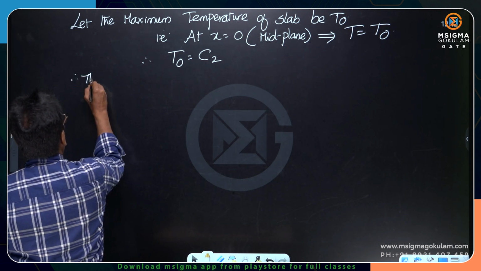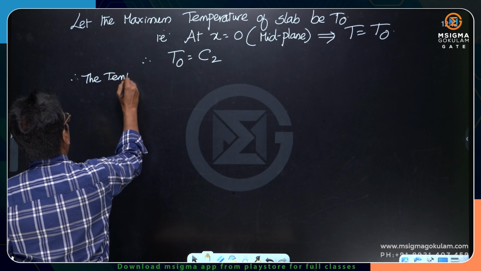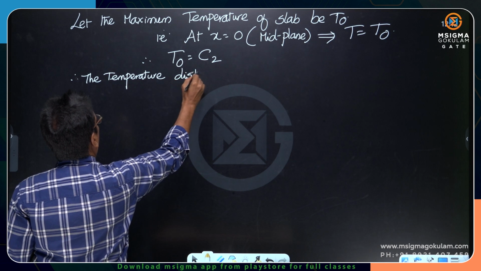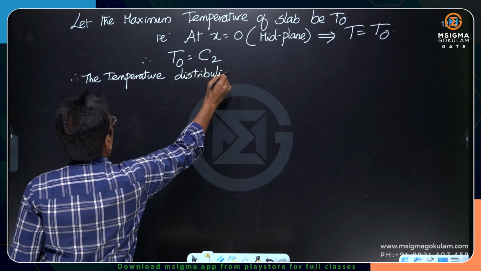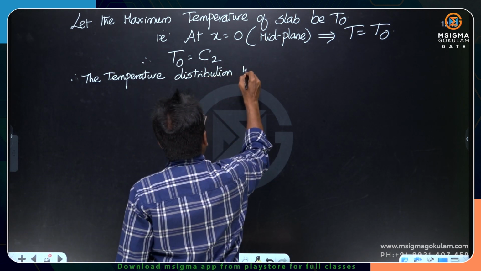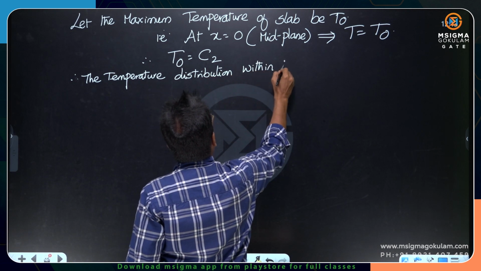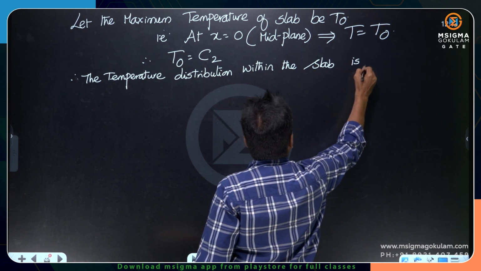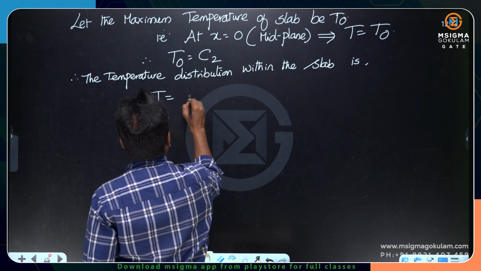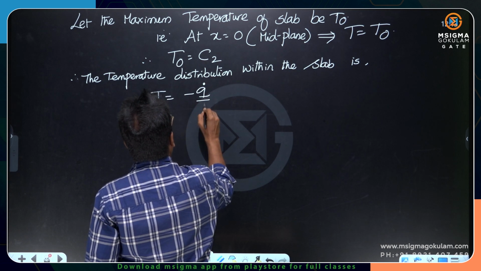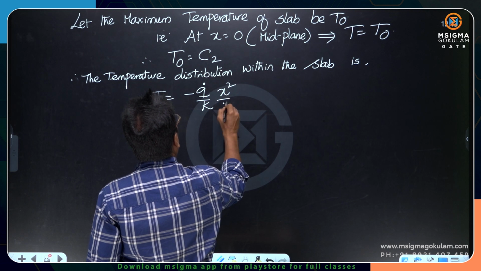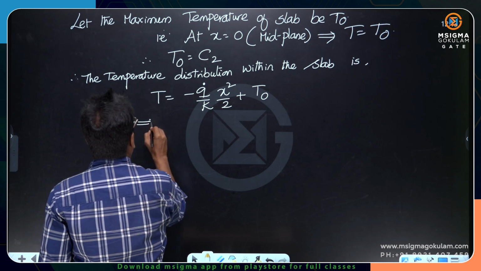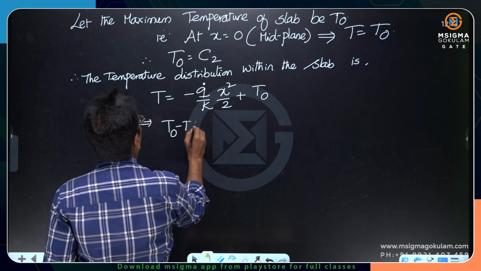Therefore, the temperature distribution within the slab is T is equal to, C1 has already become 0, and C2 has become T naught.